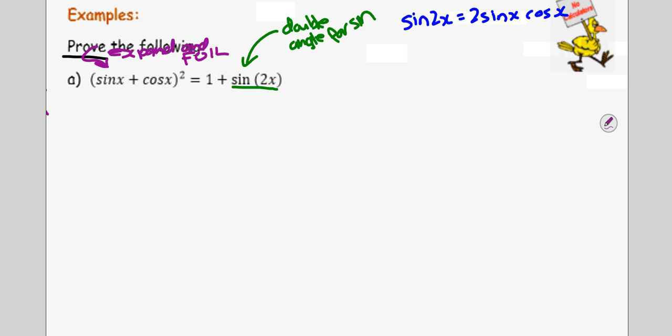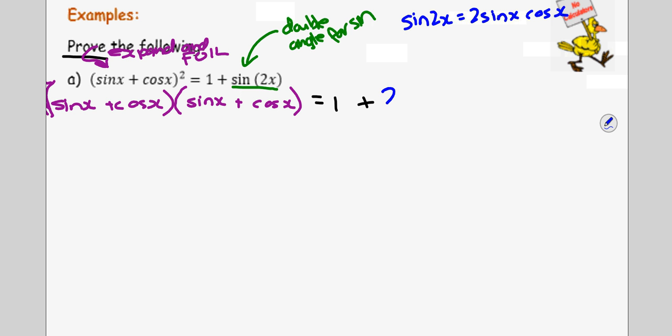So we're going to go, I love it, sine x plus cos x, close the bracket. It's meant to be a bracket there. Go in there, bracket, FOILed along with sine x plus cos x. So practice our FOILing. Equals 1 plus, and let's plug in that double angle formula, 2 sine x cos x.